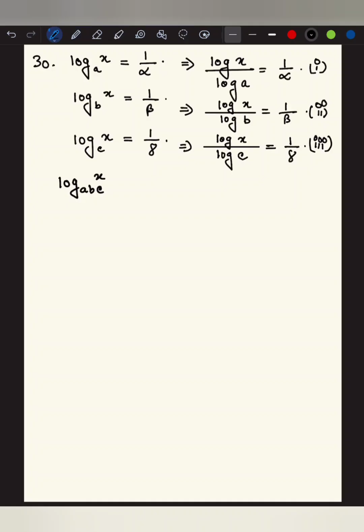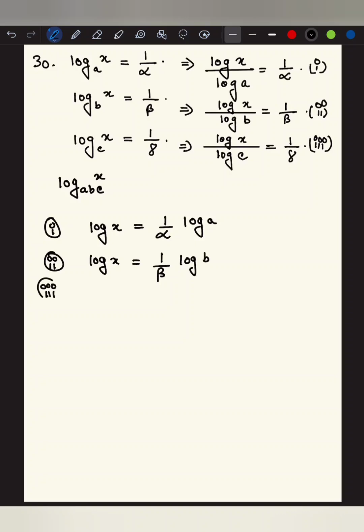Okay. Now, from the first equation, we get log x equals what? 1 by alpha into log A. From the second equation, we get log x equals 1 by beta log B. From the third equation, we get log x equals 1 by gamma log C. Now we are asked to find the value of log x base ABC, right?